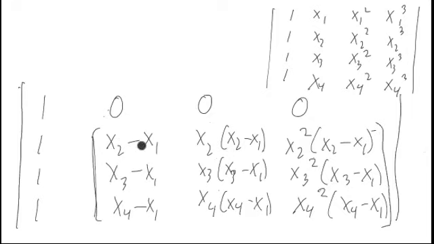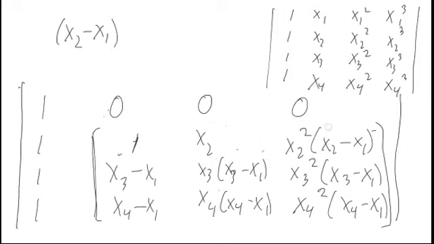Now we can think, okay, this row has been multiplied by x2 minus x1, so we can factor that out, and the determinant is multiplied by x2 minus x1. And so then we'd be left with a 1 here. That would go away. That would go away.